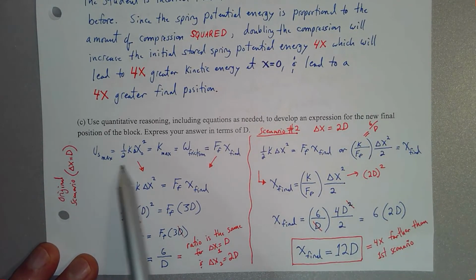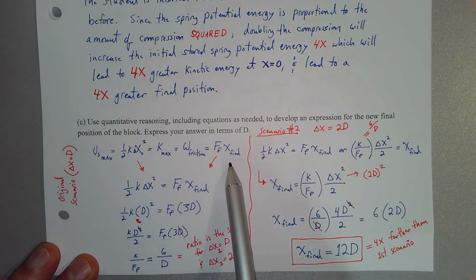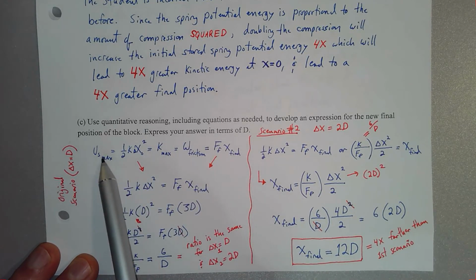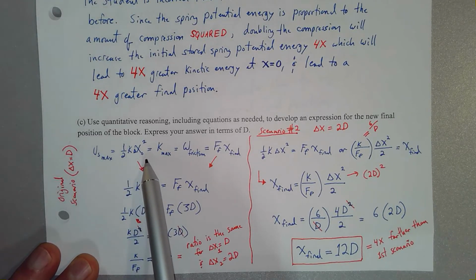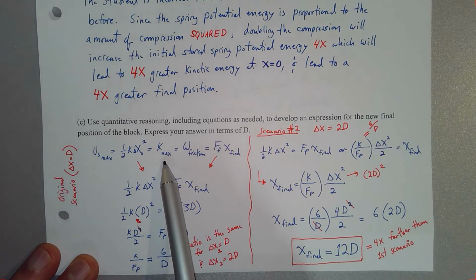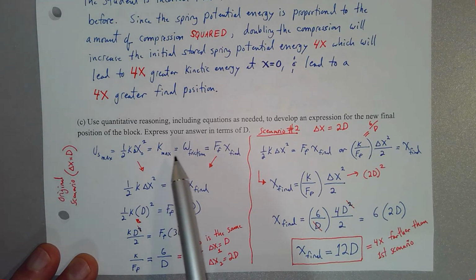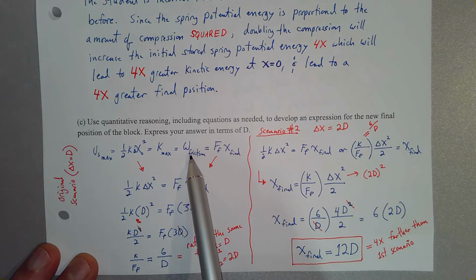Okay, and we've talked through these energy equations already, but just in general, we'll go back. So the maximum spring potential energy is 1/2 times the spring constant times the initial compression squared. That all gets transferred to the maximum kinetic energy at position 0. That all gets taken away by the negative work caused by friction.